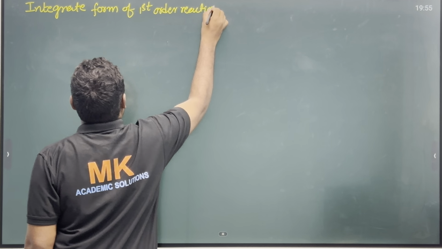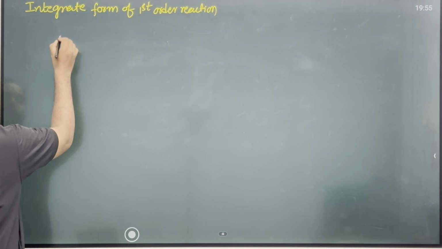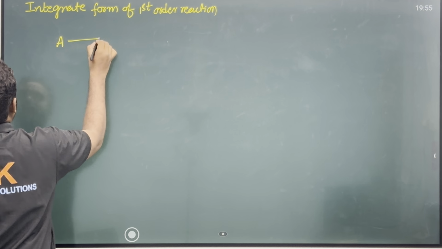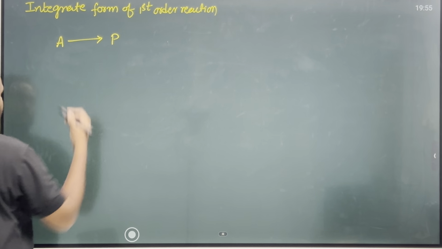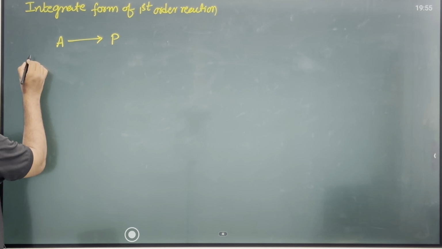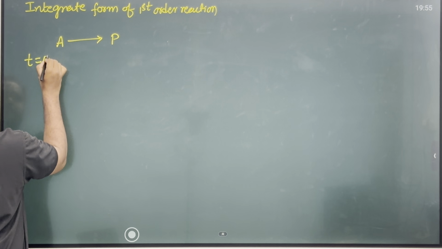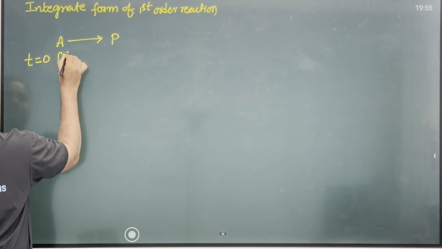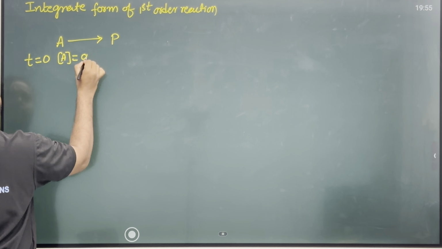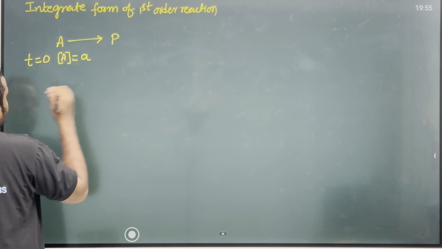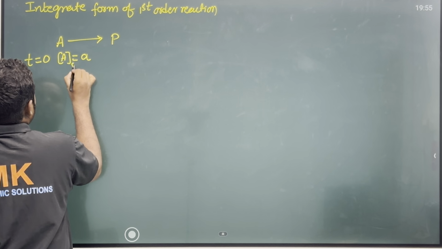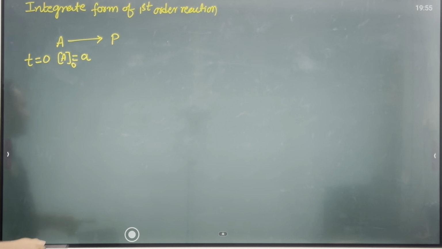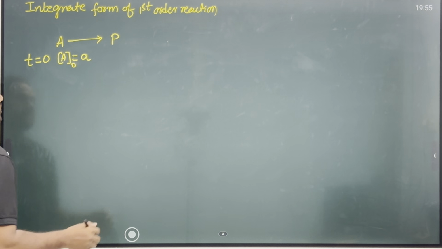Observe carefully. We take a reactant A giving a product P. At initial time t equal to 0, the concentration of A is a, or just consider it as A naught. A naught indicates the initial concentration.